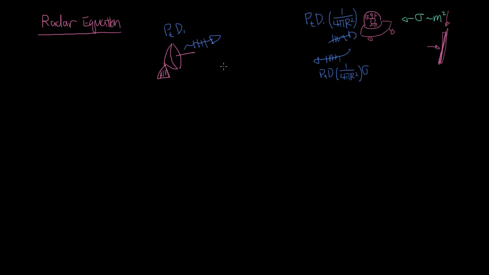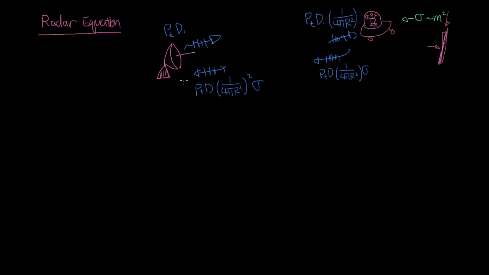Then the return signal, once it gets back here, is diffused by the penalty for the return trip. If you view this as a sphere radiating out this way for the return signal, you take another 1 over 4 pi r squared hit to get back.